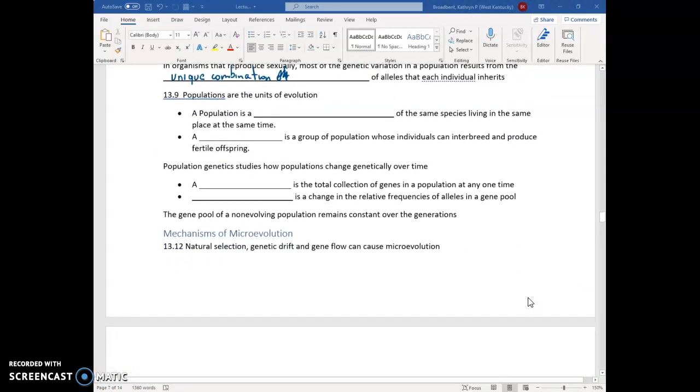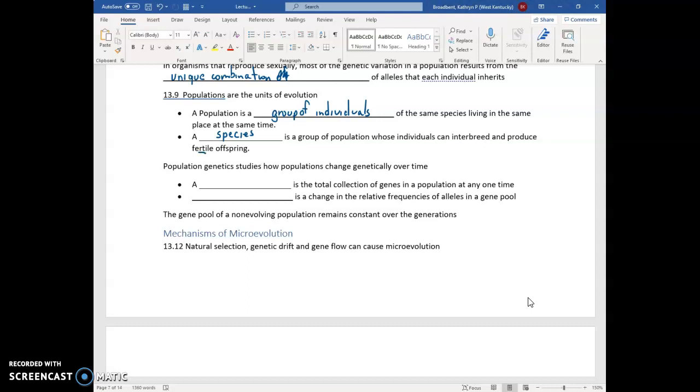A population is a group of individuals of the same species living at the same place at the same time. So now a species is a group in the population of individuals who can interbreed and produce fertile offspring.